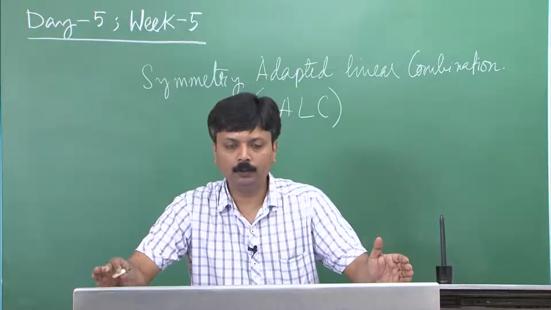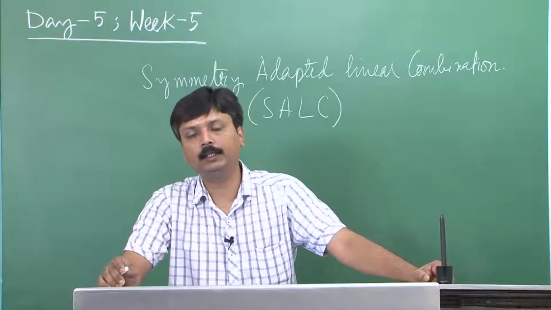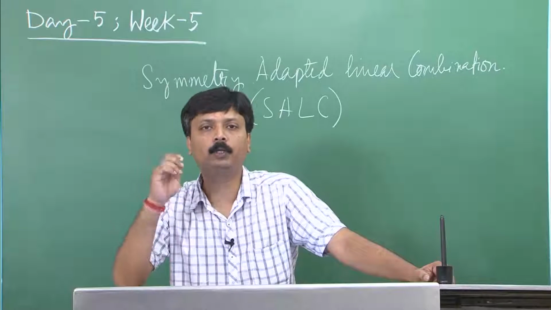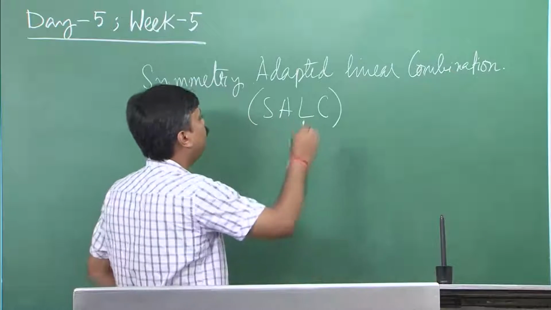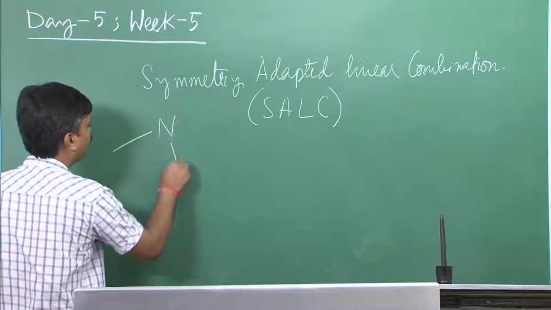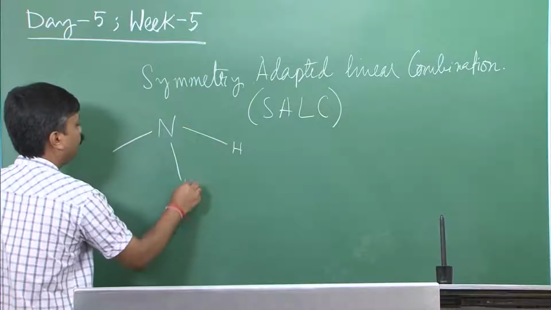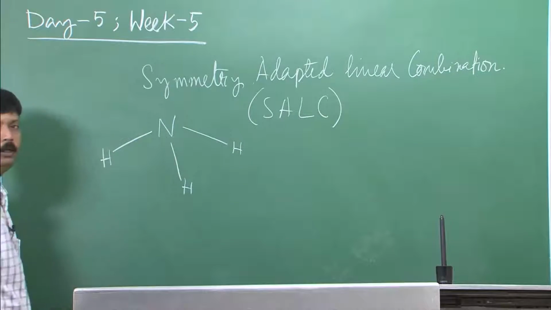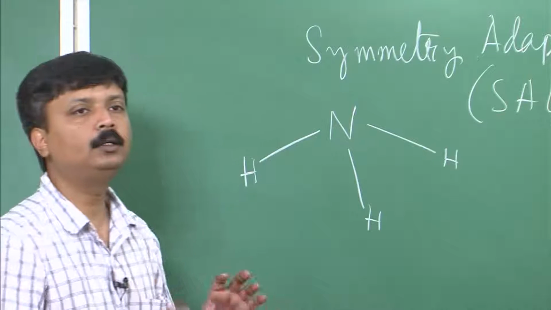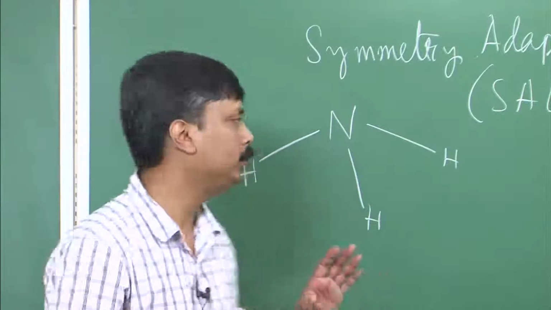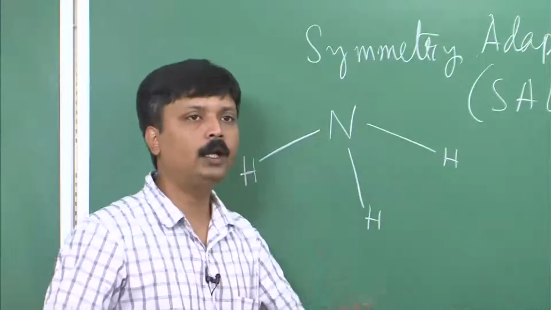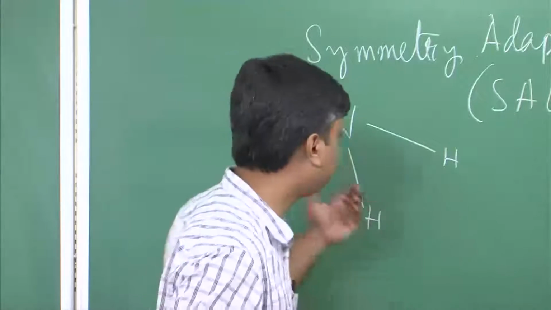Now, you see why the symmetry constraint is needed, because for example you take any given molecule, say ammonia. In ammonia we have this bond that we write. Now the bond means what? This is the combination of the atomic orbitals. Hydrogen has a 1s orbital and nitrogen has 1s, 2s, 2p orbitals.